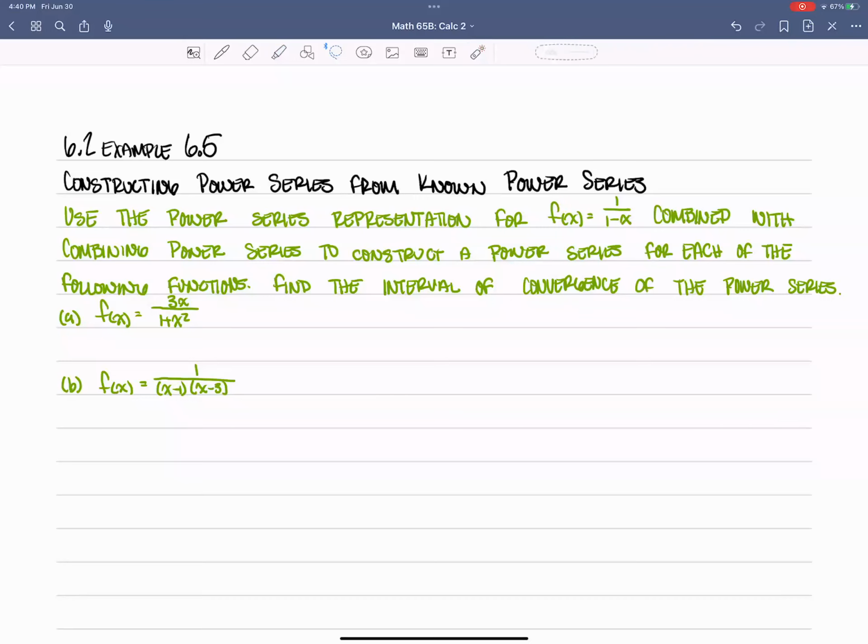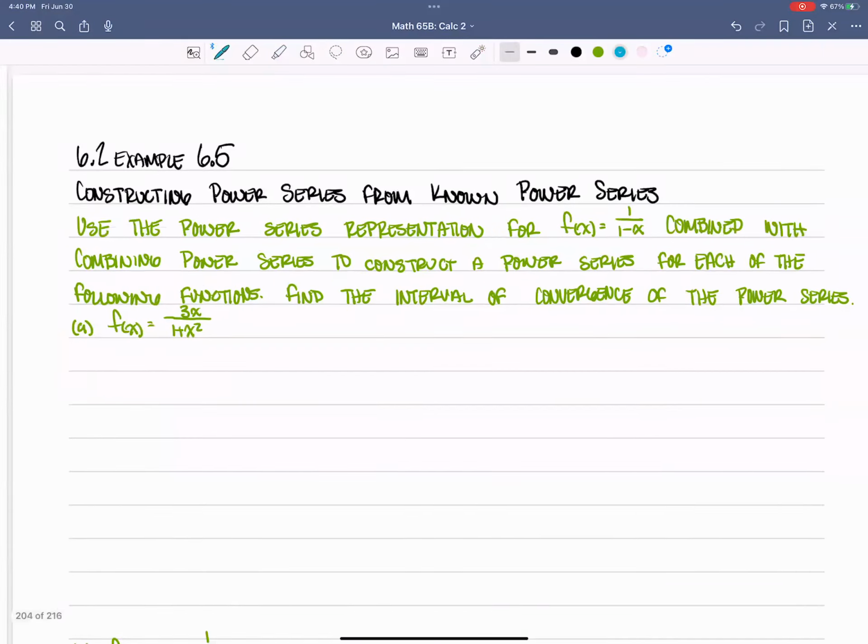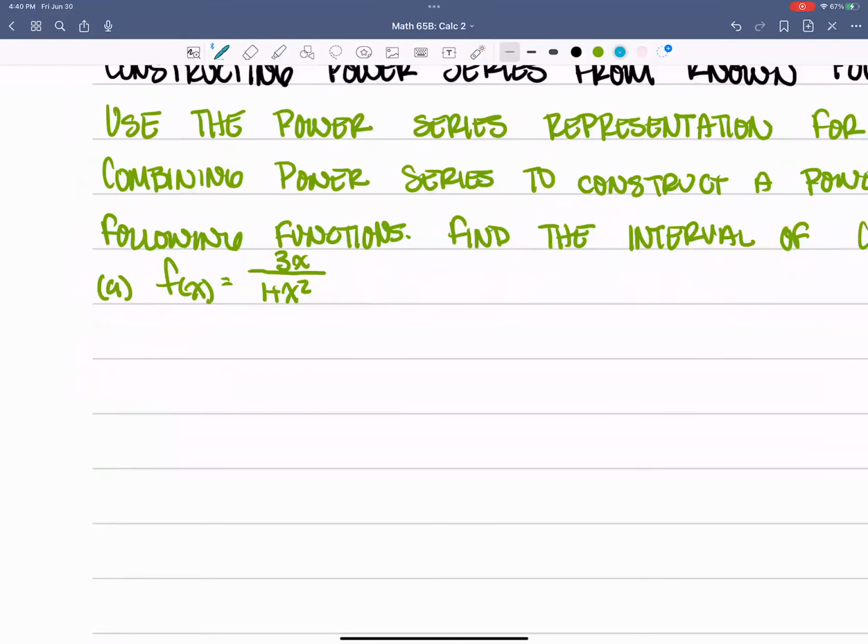We're going to do something similar to a previous section where we're coming up with a power series. This time we're also looking to see where they converge. So looking at this, let's adjust it so that we can use our geometric sum. So 1 minus, that's going to be a negative x squared. Numerator of 3x.